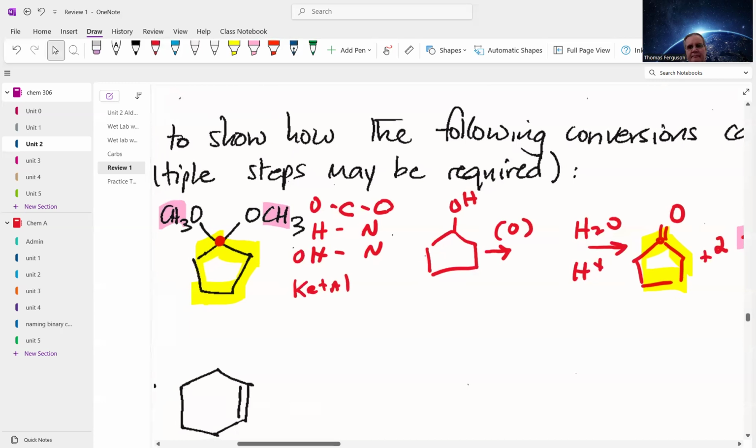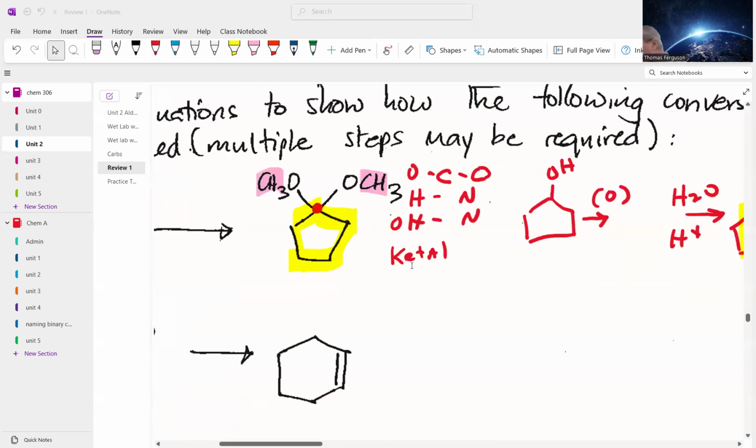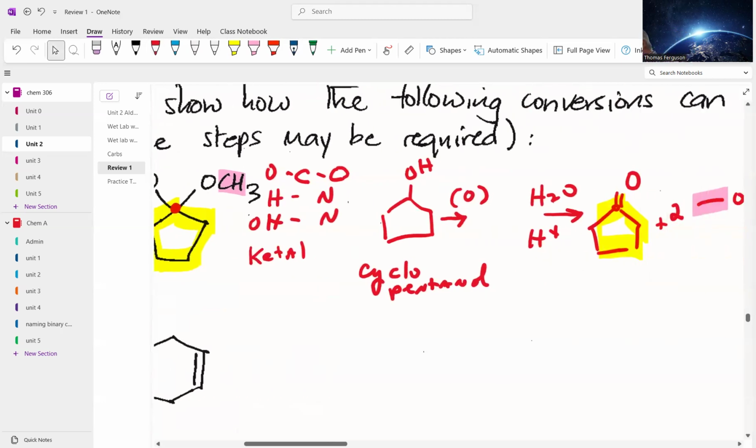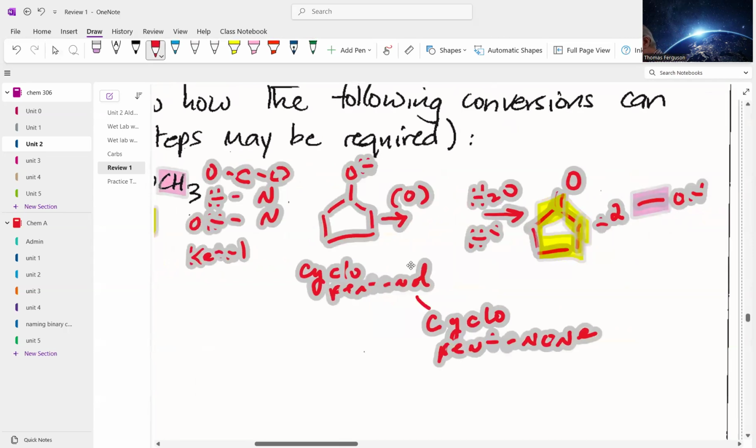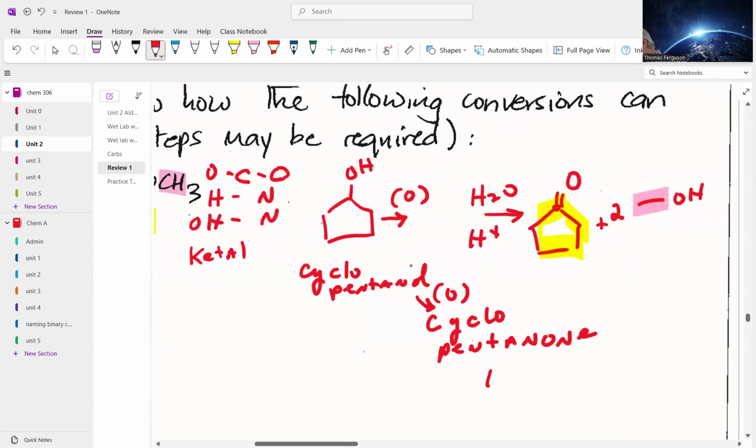So we start with cyclopentanol, oxidize it to cyclopentanone, and then from here we add two alcohols, the two methanols.